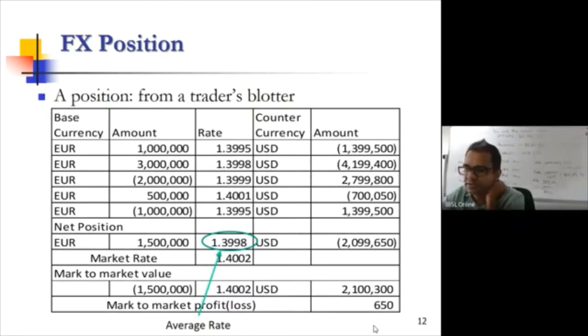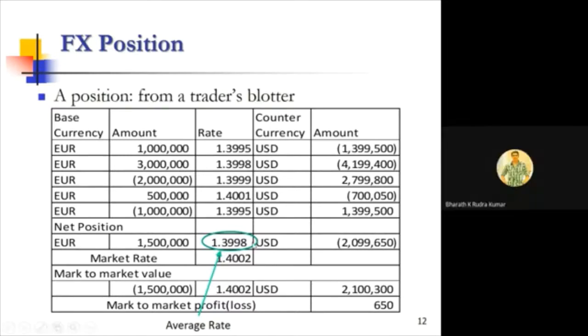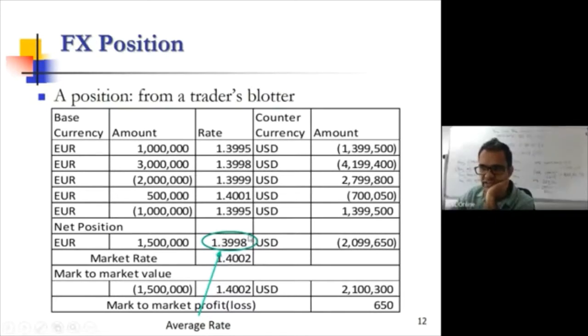That's what happened. How you should get this is you should divide this. This is your real cost in dollars. This is the amount that you have in your hand in euros. So the cost is, you divide this figure by this. So then you get 1.39976666. So whenever you round it off, it becomes 1.3998. That's how it happened.